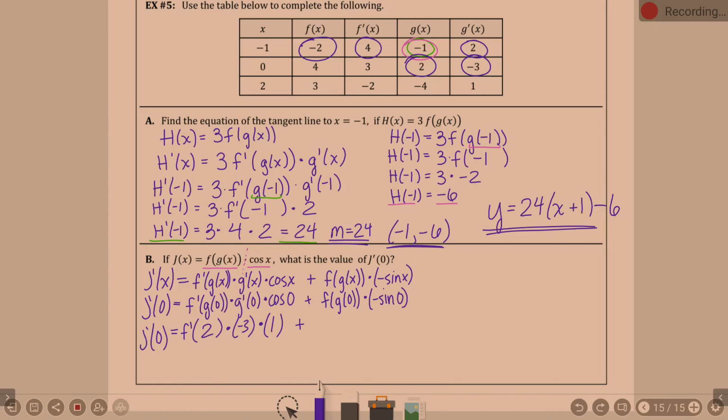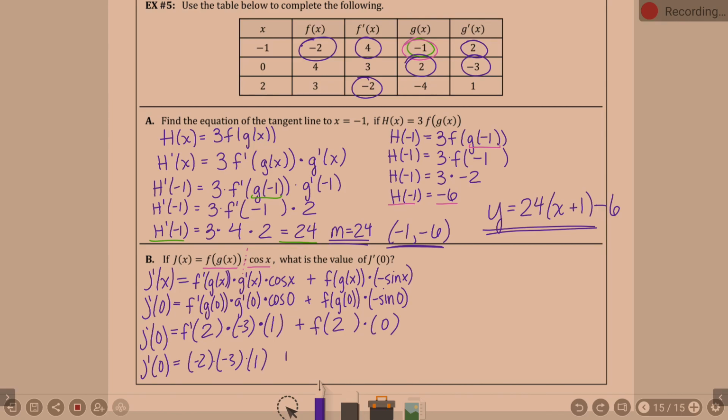Plus, other side. F is going to hold the way I do it at least. What was g of 0? 2. Negative sine of 0. Sine of 0 is 0. Okay, officially we've got to do one last bit, f prime of 2. So negative 2 times negative 3 times 1.